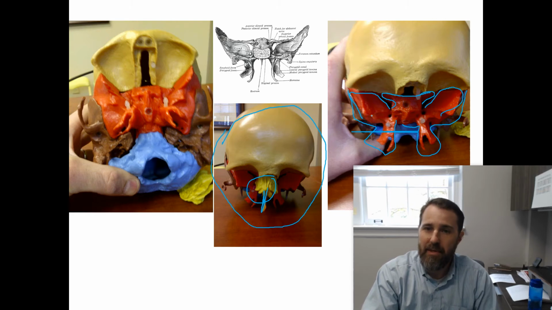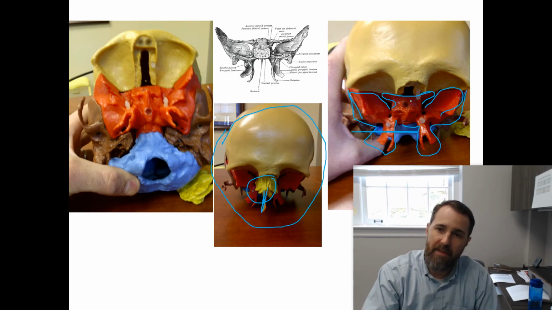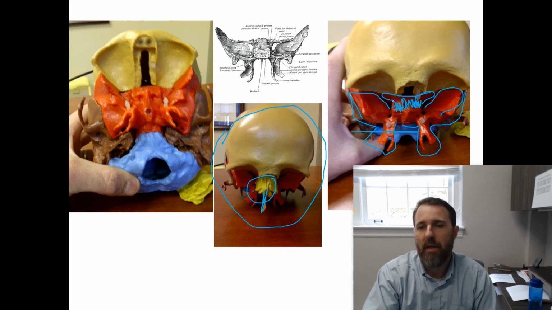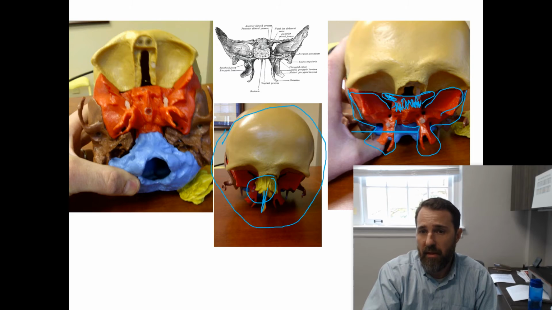So looking at this image right here, you can see the corpus of the sphenoid, and that is the part that the ethmoid is usually attached to. You can see superiorly the lesser wings, and these are just the small looking wings.